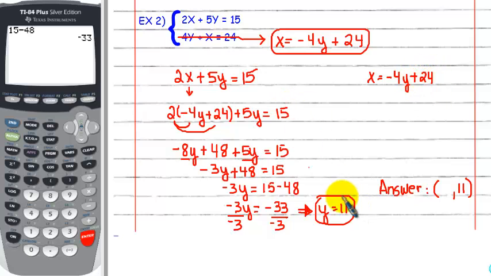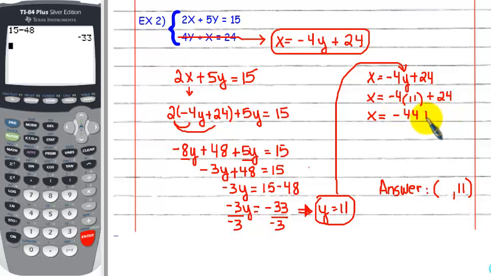Okay, and we're going to bring that y over here, and we're going to plug it in. So this would be x equals negative 4 parentheses, and we're going to replace the y with number 11 plus 24, and again we're going to do negative 4 times 11 is negative 44 plus 24.